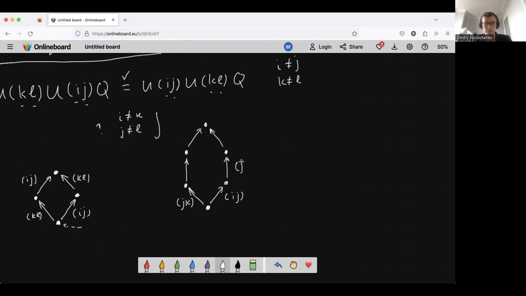So here we can apply jk. Here we can apply ij. And here we need to apply, let me write in this bracket notation, ijk.